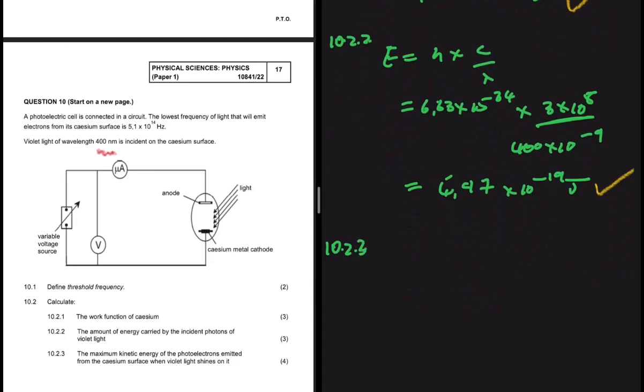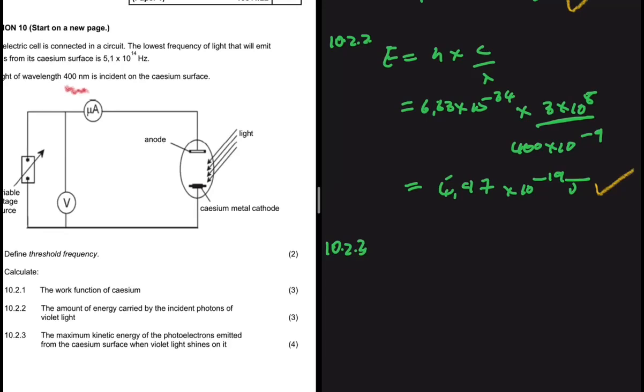Right, 10.2.3, the maximum kinetic energy of the photoelectrons emitted from the cesium surface when violet light shines on it. So now we actually need that kinetic energy, which I was talking about in 10.2.2. Well, our energy is equal to h multiplied by the frequency, of which the frequency can be c divided by wavelength.